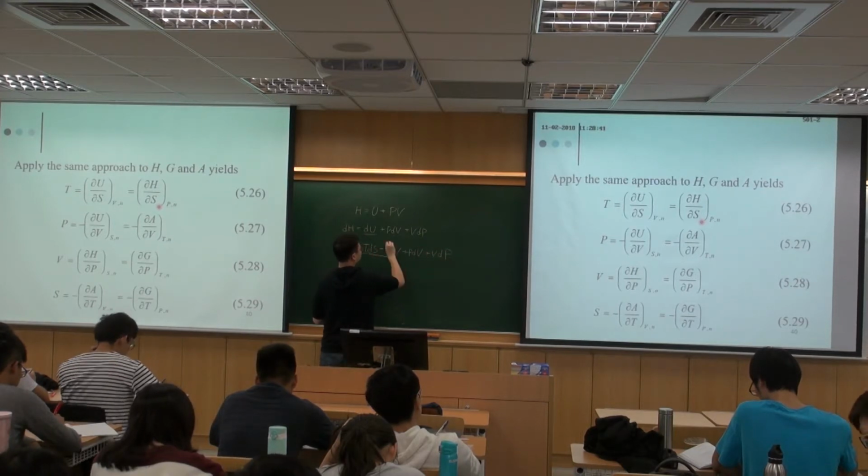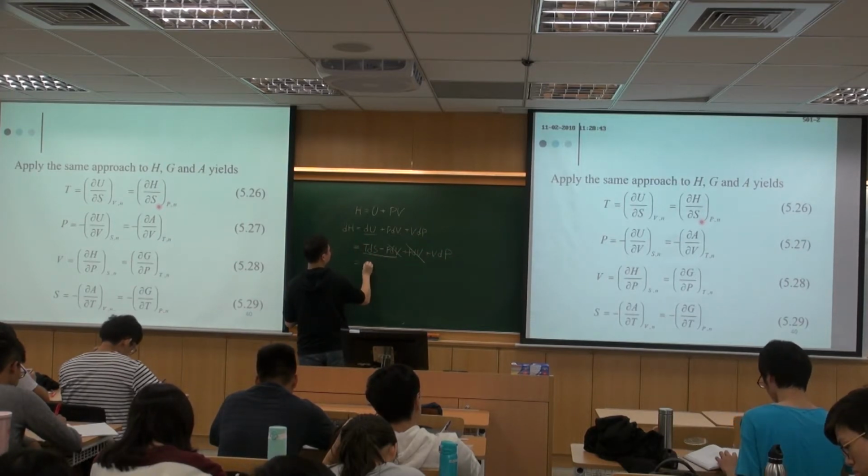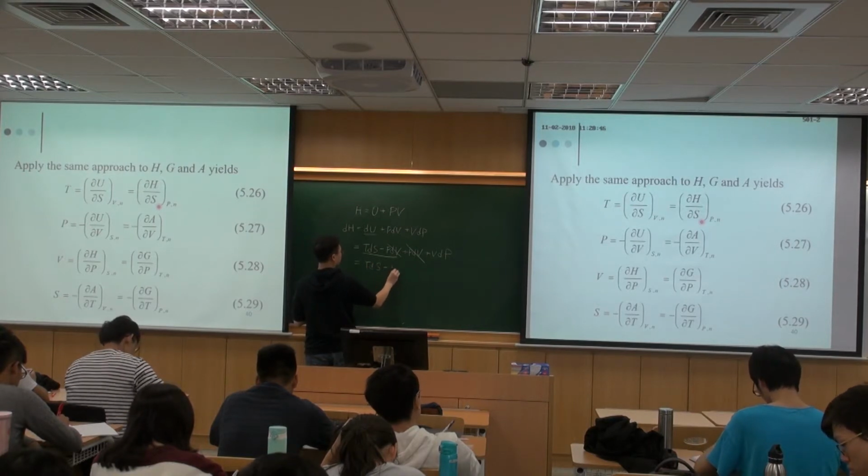Therefore, these two terms cancel out, so it's TdS plus VdP.